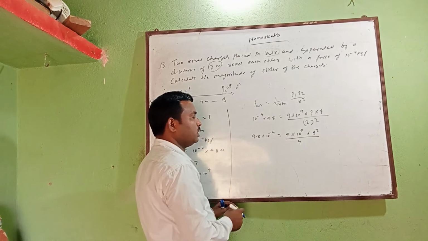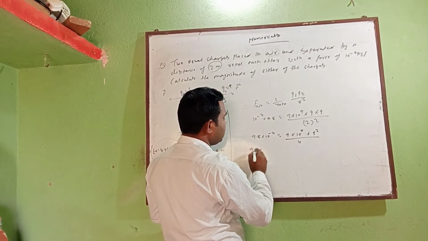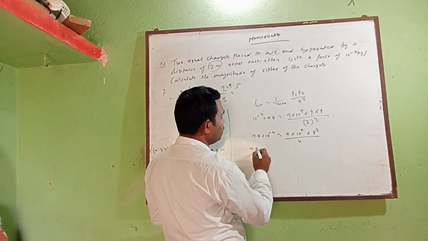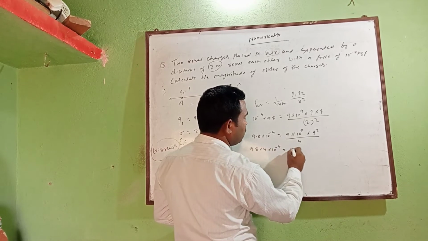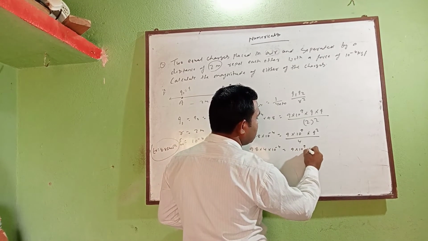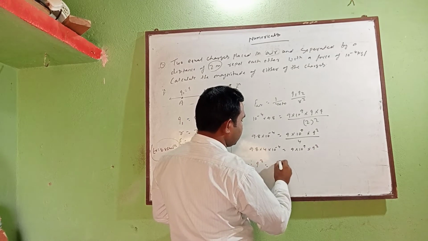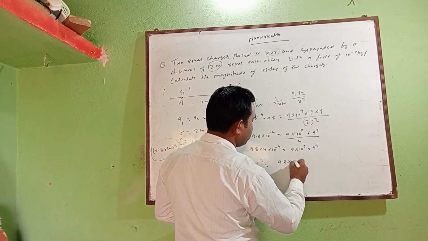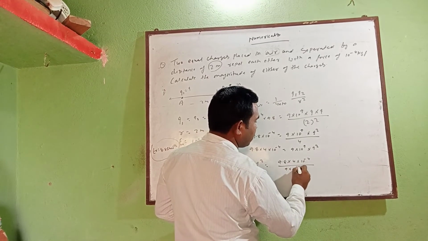Cross multiply this, then you will write 9.8 into 4 into 10 to the power minus 4 equal to 9 into 10 to the power 9 into Q square. Therefore, Q square equals 9.8 into 4 into 10 to the power minus 4 divided by 9 into 10 to the power 9.